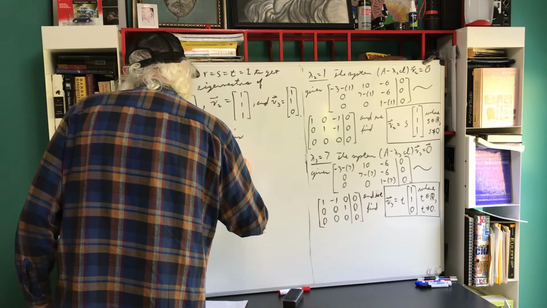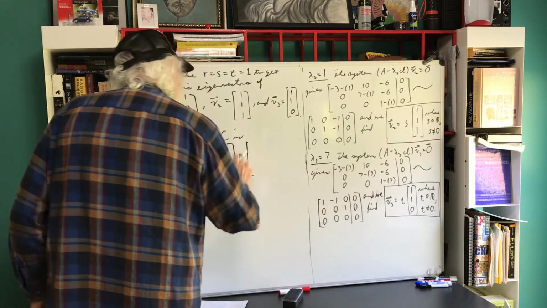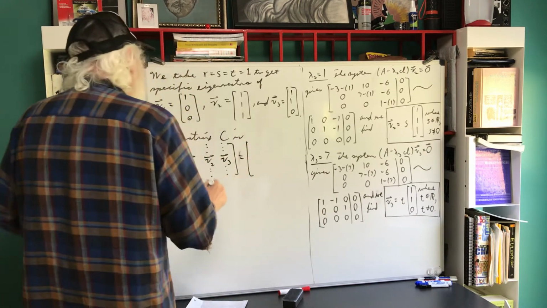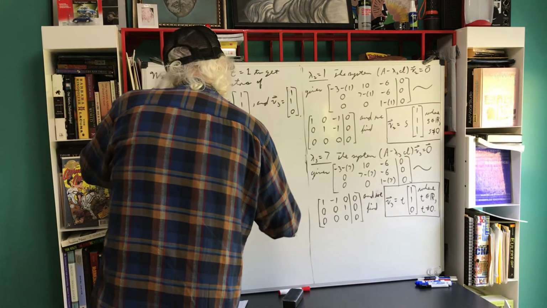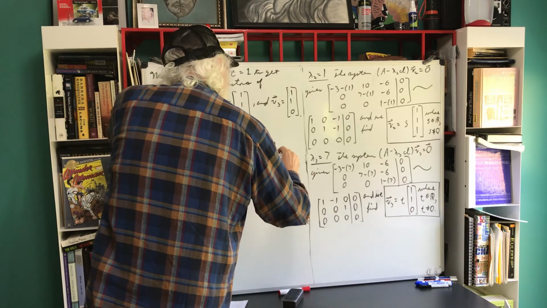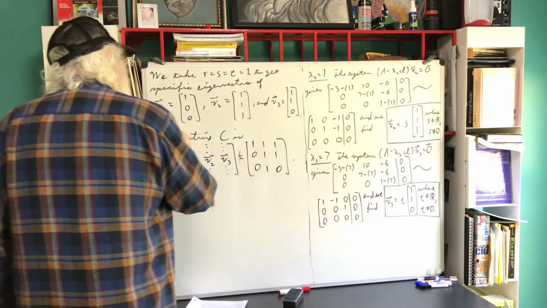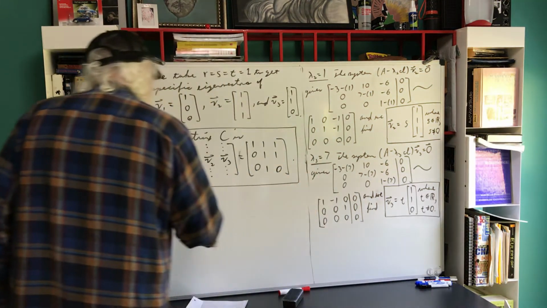We'll use it because our guys, Fraleigh and Beauregard, use it. So anyhow, the first column is this first vector, 1, 0, 0. Second column, 1, 1, 1. Third column, 1, 1, 0. There's your matrix C.